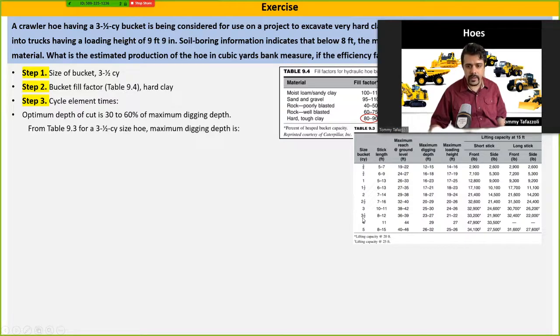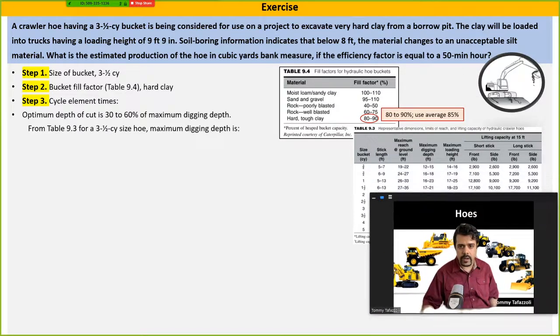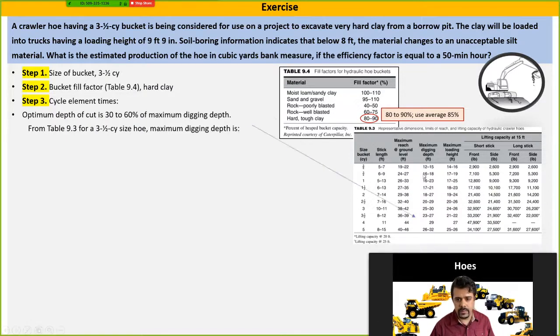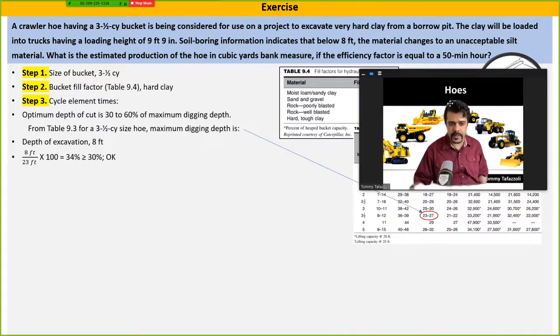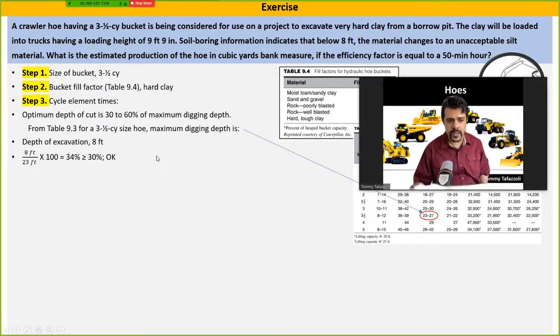And what else do we know? It says having a loading height of 9 feet 9 inch. Because of that, we can get that the maximum digging depth ranges between 23 to 27%.